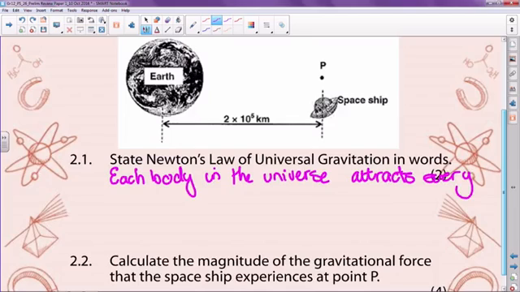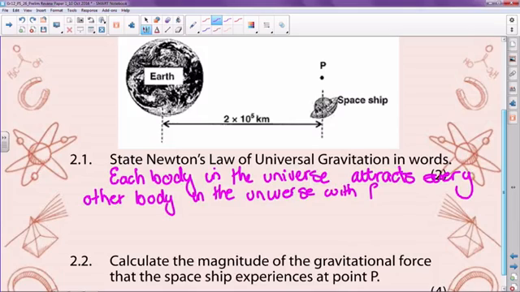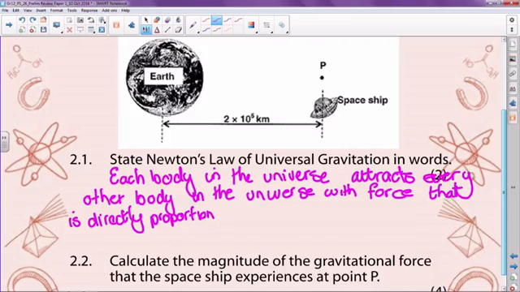in the universe with a force that is directly proportional to the product of the masses.